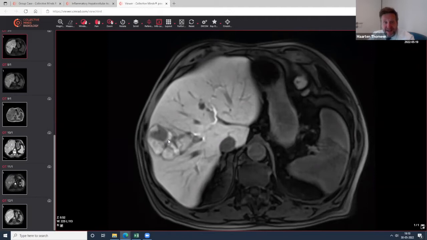So I would not make the diagnosis of an inflammatory adenoma in this case. Also important, I would not do a biopsy. I would do directly a resection. Because if you do a biopsy, you can have false positives, false negatives. You can biopsy a part without beta-catenin mutation. So I would always recommend a resected lesion.